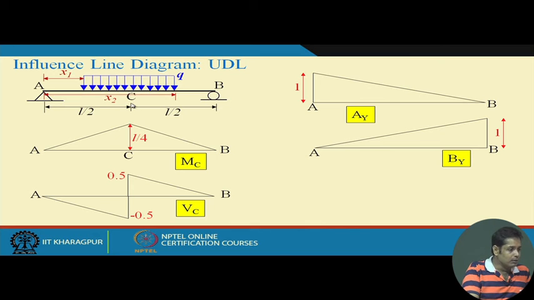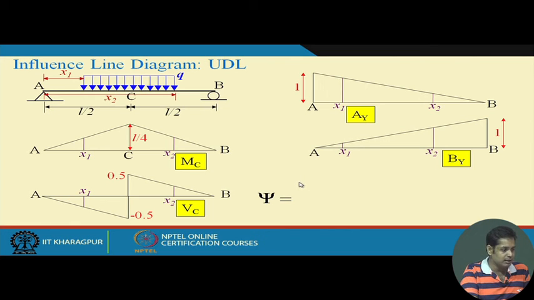Suppose the corresponding ordinates at x1 and x2 of the influence line are as shown. Psi is again a general parameter; it could be moment at C, shear at C, or a support reaction.